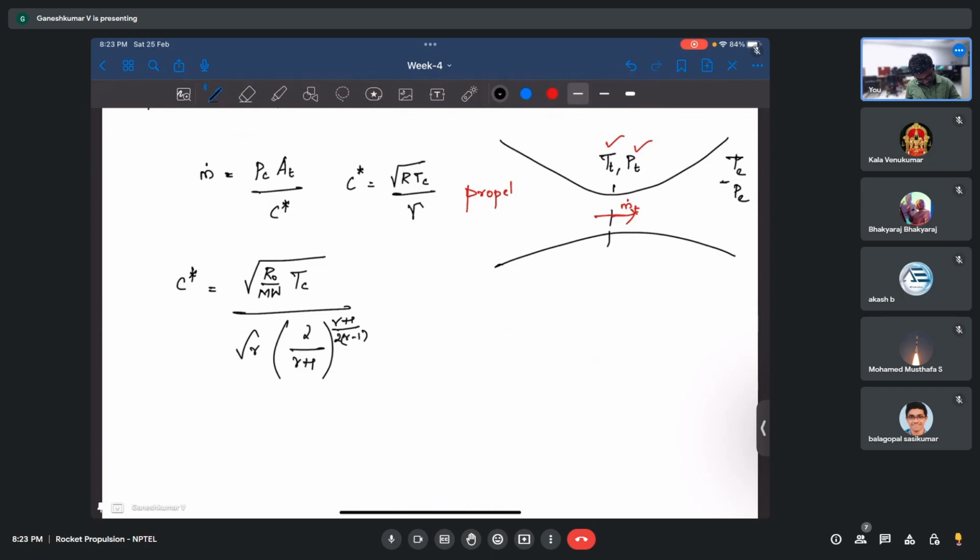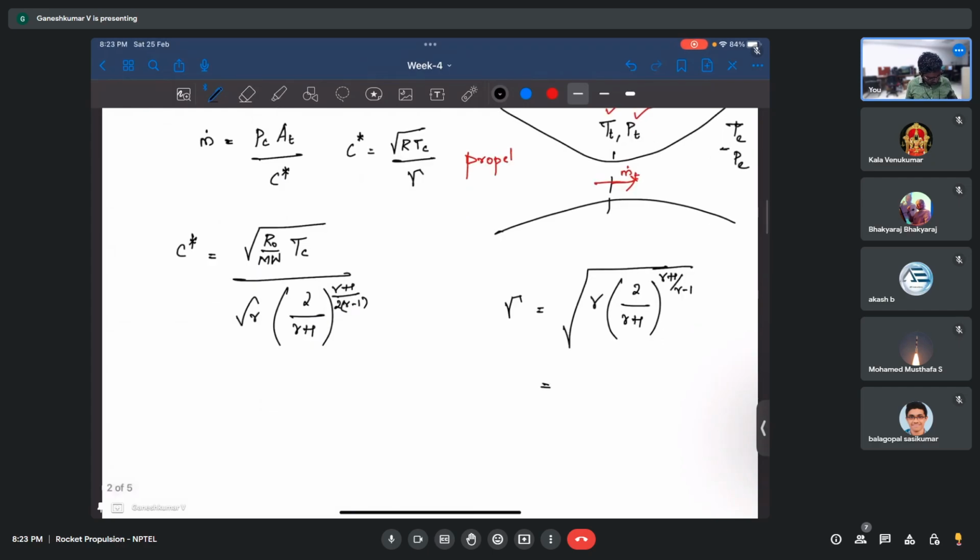Let's just do one step at a time. How much are you getting for this capital gamma? It's 1.24 plus 1.